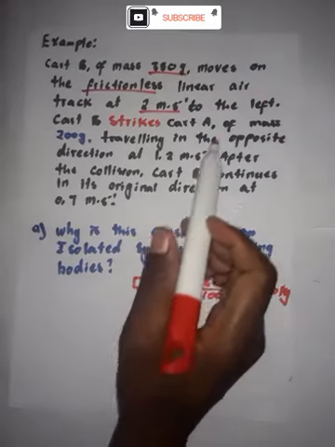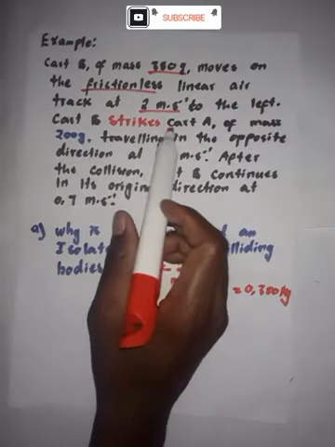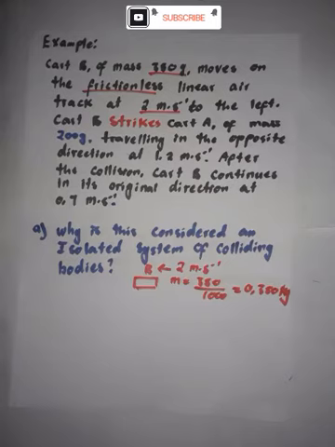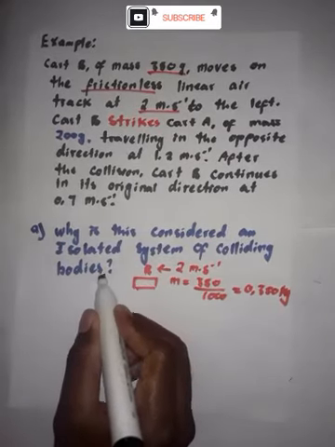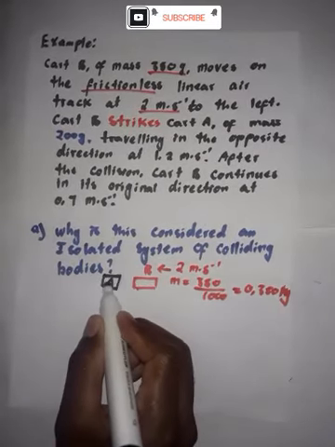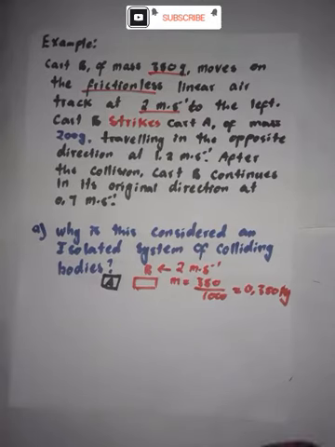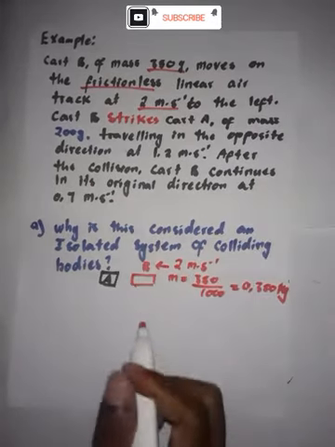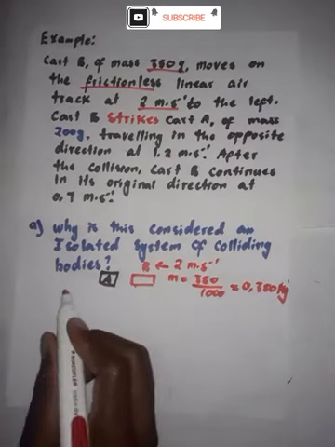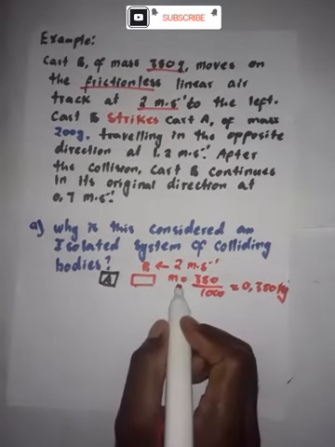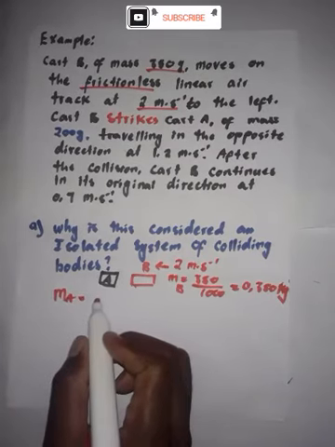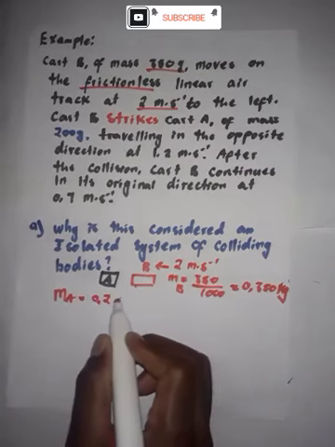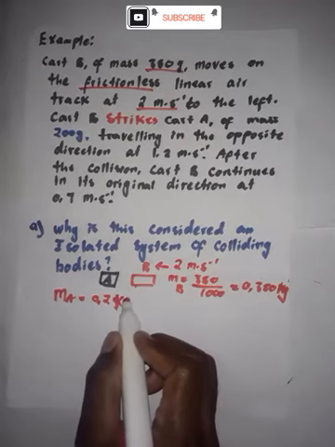Then it says that cart B strikes cart A, so that's a collision. You have cart B here, and that means A was here. So let's get the information of A. Of mass 200 gram. So the mass of A is equal to 0.2 kg.